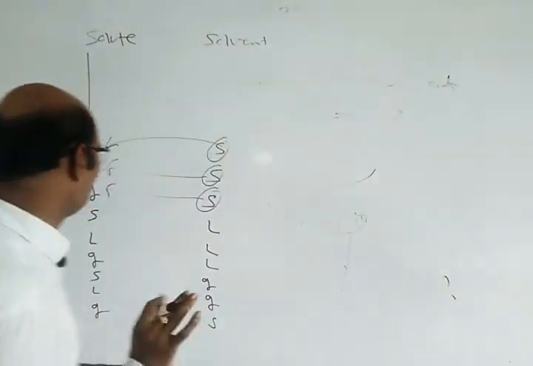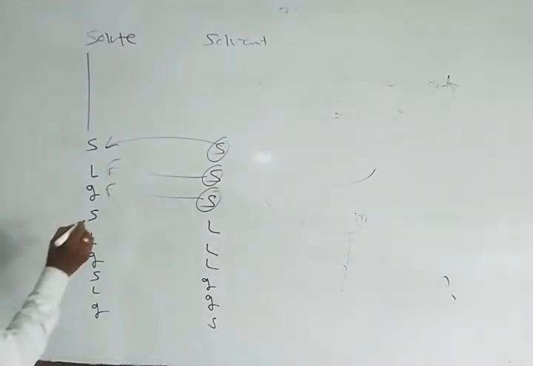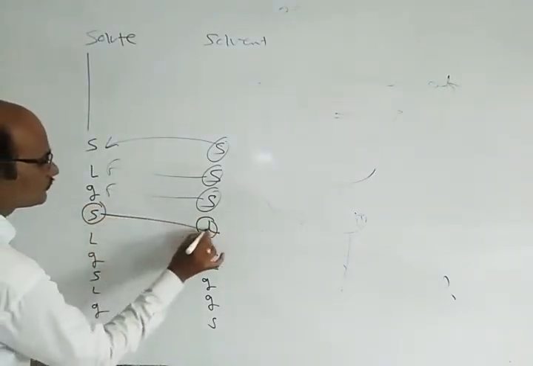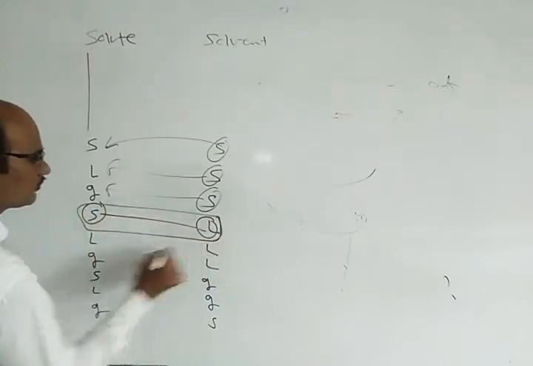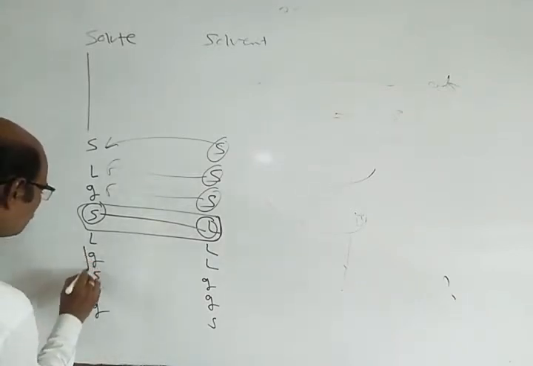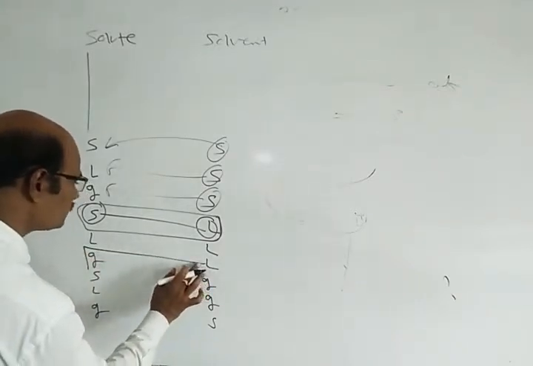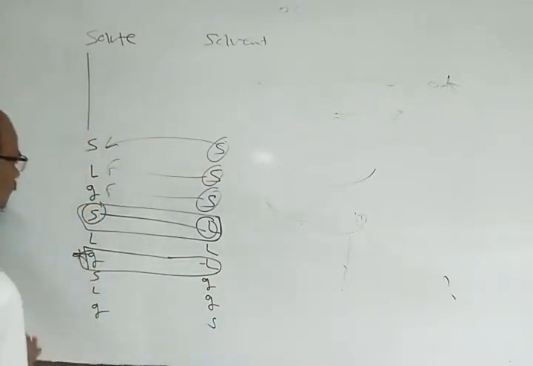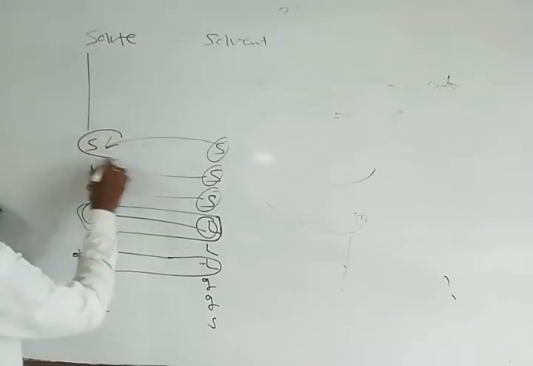But we have the important ones: the solid solute in a liquid solvent. This is one of the most important ones we will discuss. And then the gas solute in a liquid solvent, and also solid in a solid solvent.